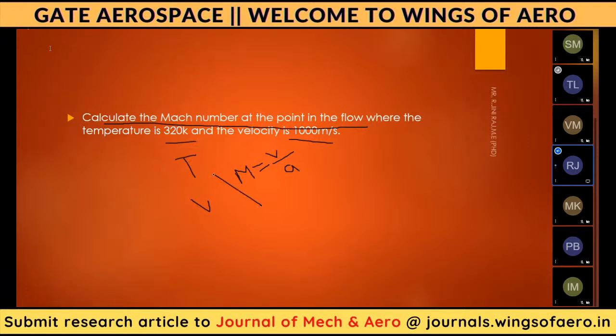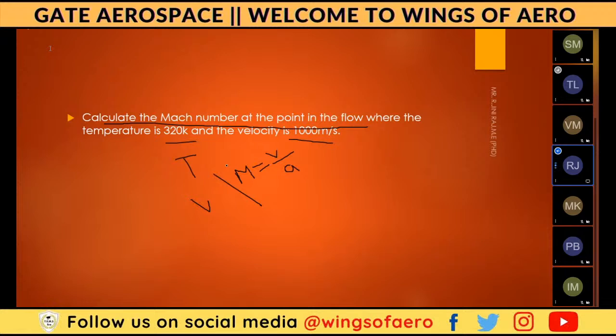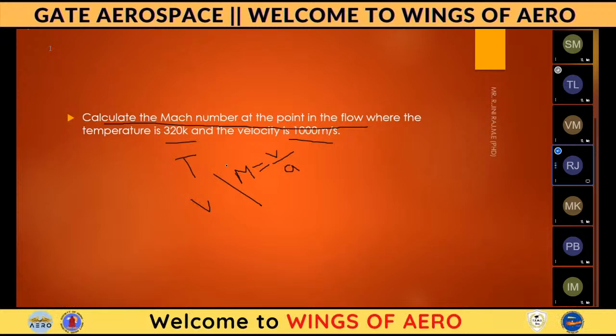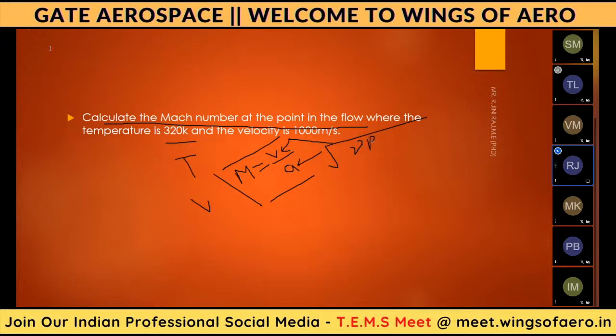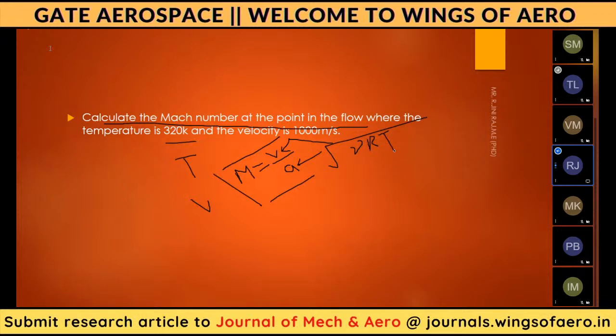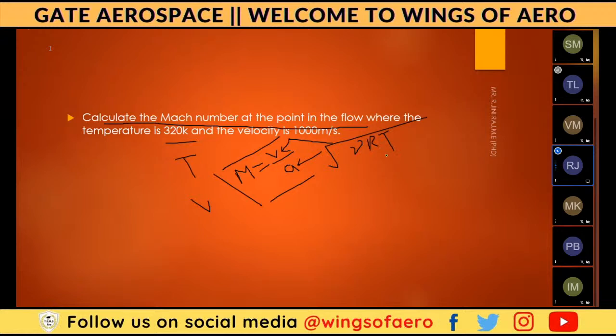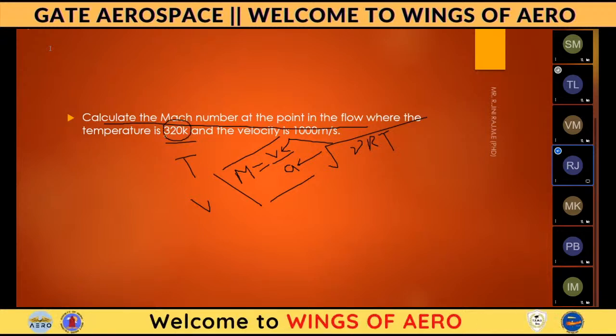In the question itself they have given the value of velocity, so we need to find the value of A. That is equal to square root of gamma R into T. So by substituting, we know R, the gas constant, is 287, then gamma is 1.4, and the temperature here is 320 Kelvin.